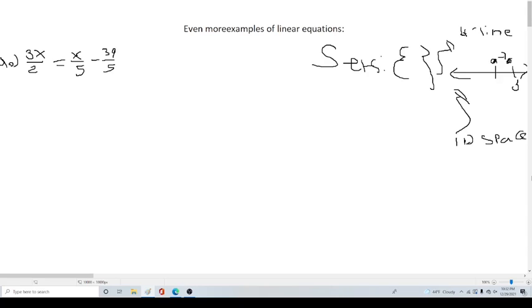3x over 2 is equal to x over 5 minus 39 over 5. There are a couple of mistakes that I see a lot of students make when they do this. They try to go gung-ho, and they make arithmetic errors here.